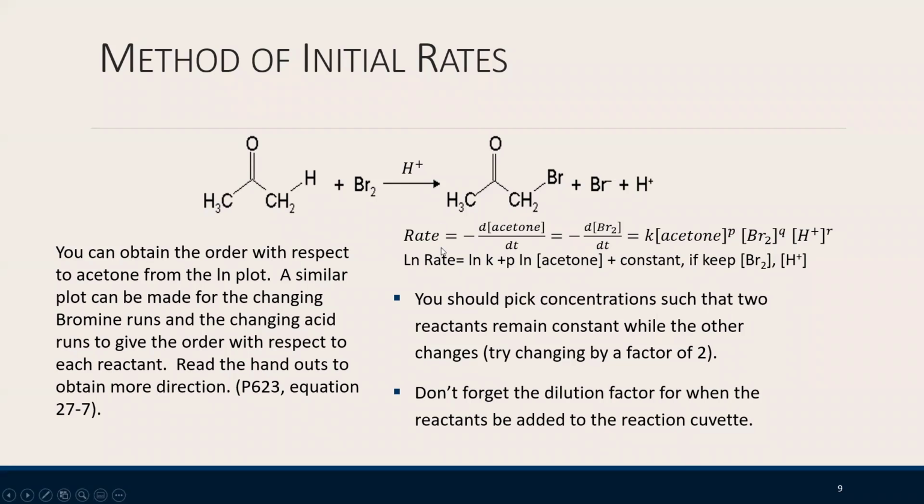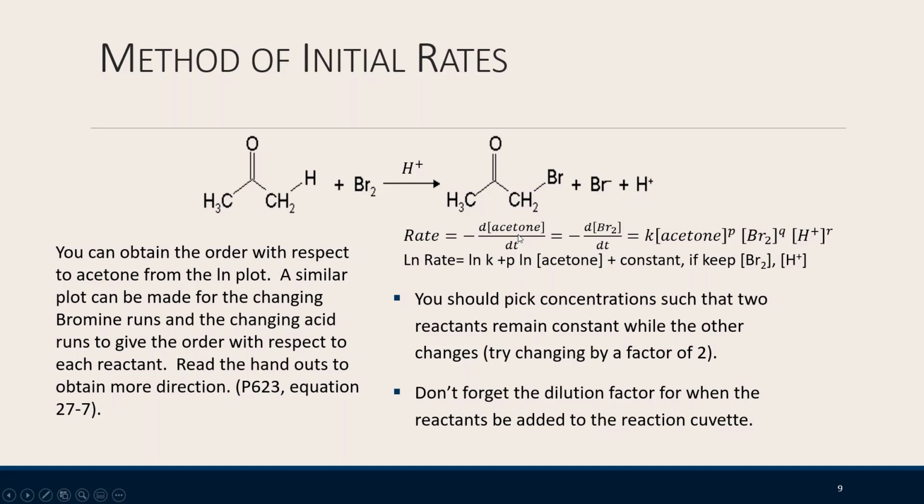And in our case here, you will have more than 3 data points for each reactant. And you should be able to use the linear plot to generate the reaction order. That equation is in the handout, page 623, equation number 27-7.